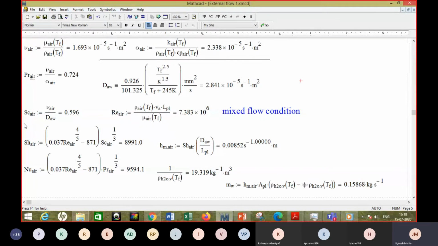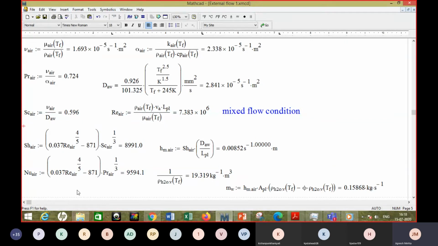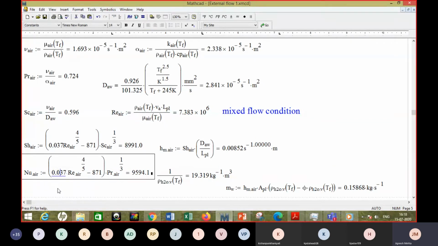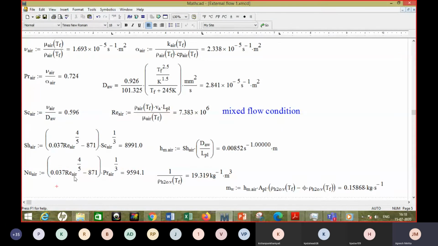Now Schmidt number. As I told you, you are familiar with this formula for Nusselt number, right? That is 0.037 Reynolds number raised to 4 by 5 minus 871. This is for mixed flow. Prandtl number raised to 1 by 3, right? Now the formula for Sherwood number is exactly similar, because of the analogy between heat transfer and mass transfer.